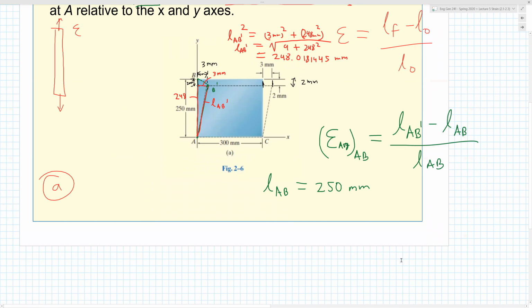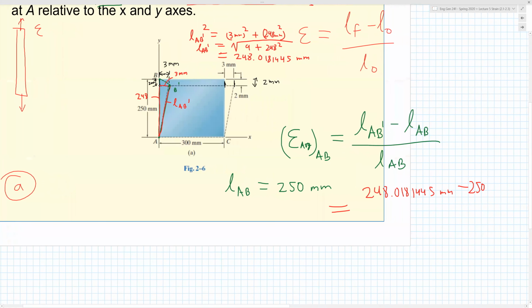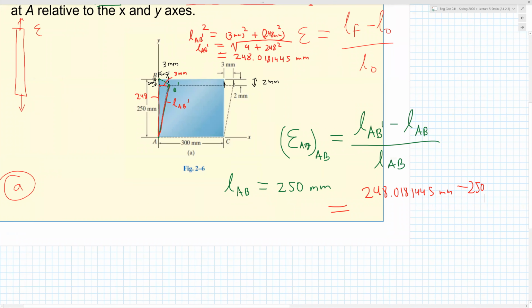Because what is the final length AB prime? And notice how this is based off geometry, right? That's essentially what strain is right now in this chapter. We're going to get 248.0181445 millimeters minus 250 millimeters, over 250 millimeters.